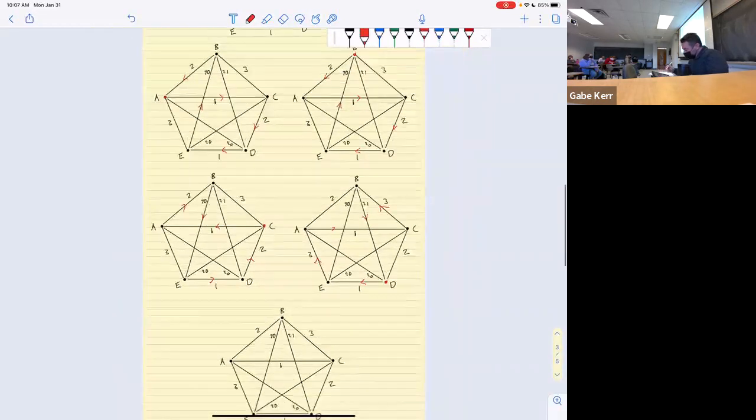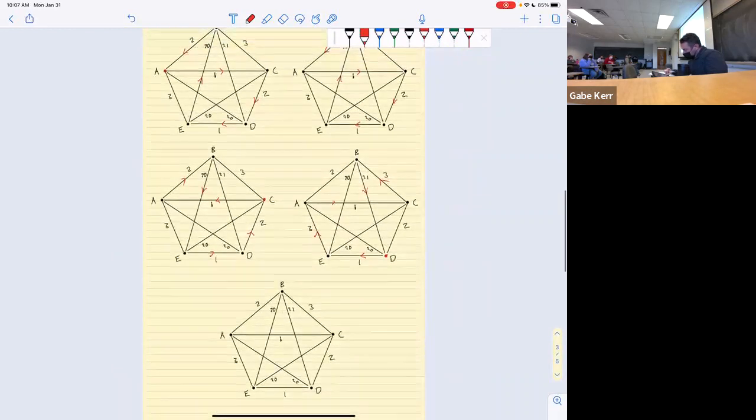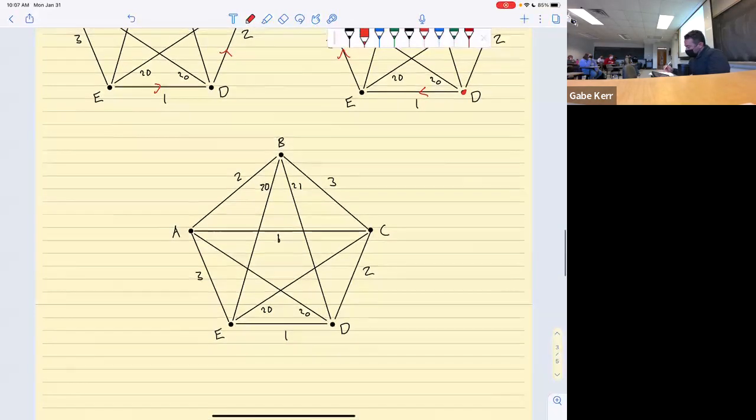And finally, I'm going to start at E. And E1 is the smallest edge coming out. I've got 2. I've got 1. And I got 2. And the only possible place I can go from B is back to E. I've got this.